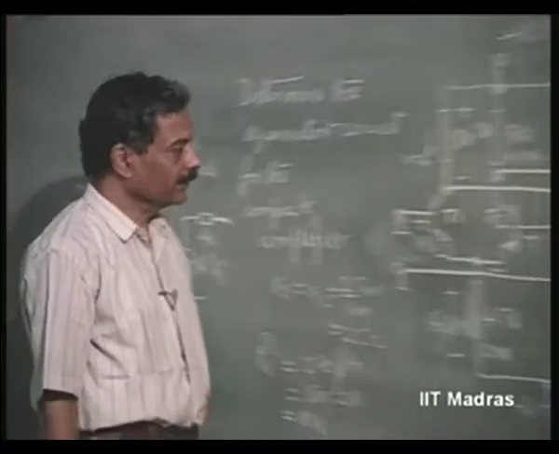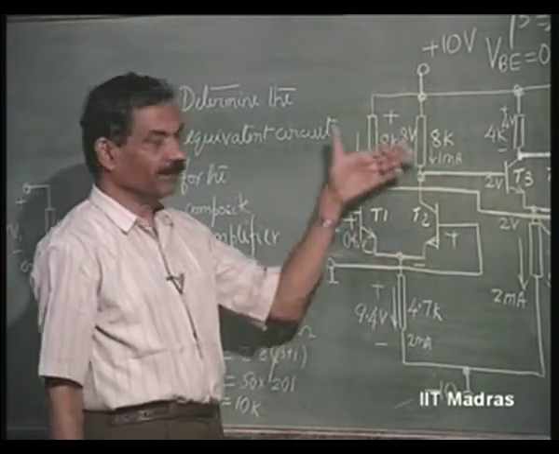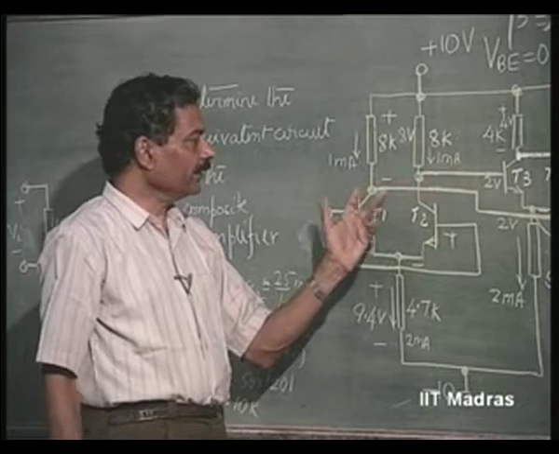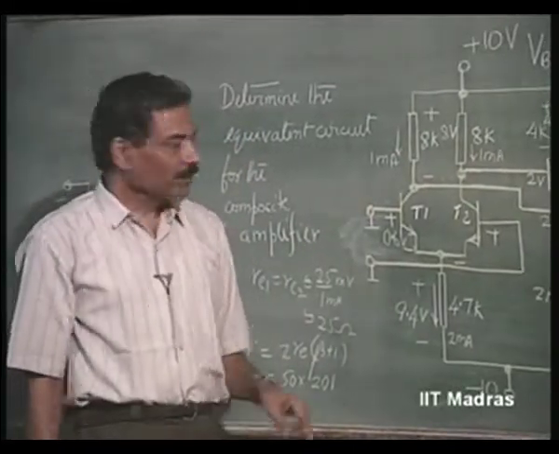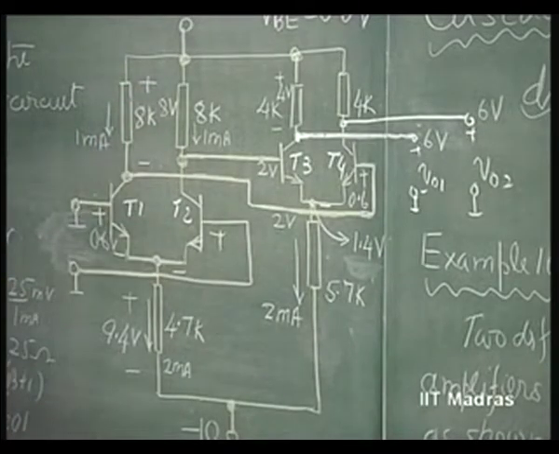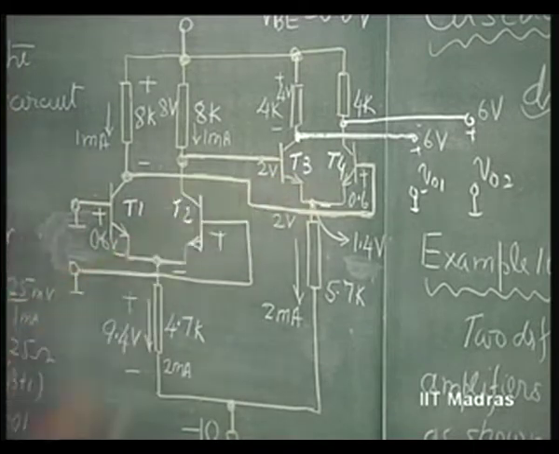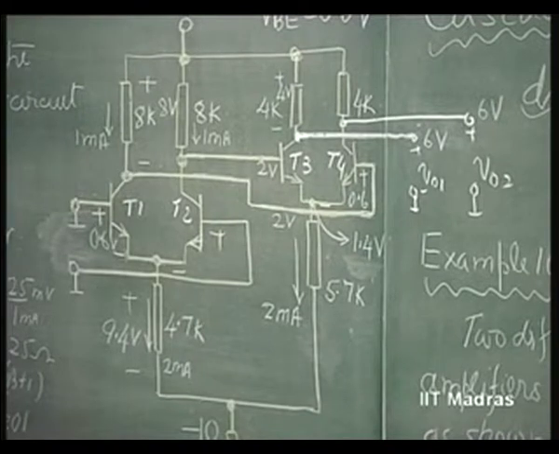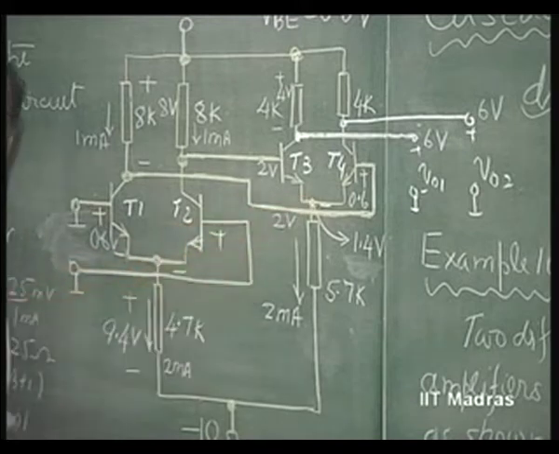So, let us see, as far as this amplifier is concerned, this is a differential amplifier, and its differential gain comes into picture at this point. So, what is the impedance at this point? 8K plus 8K, or 8K is going to be shunted by what? I have told you that any differential amplifier can be split into single common emitter amplifiers by connecting this to ground.